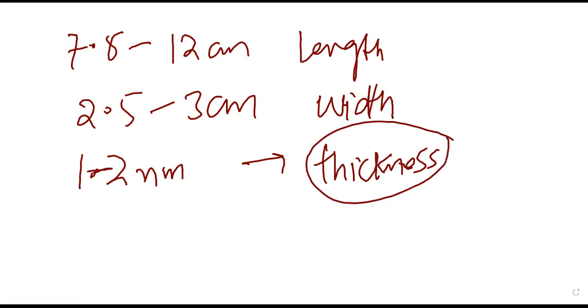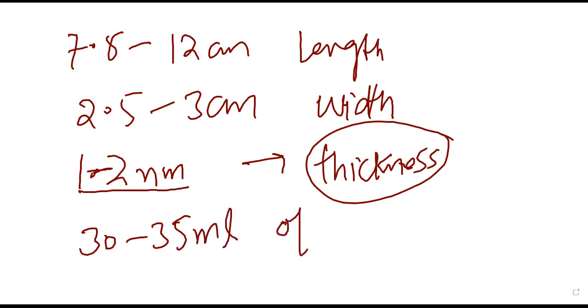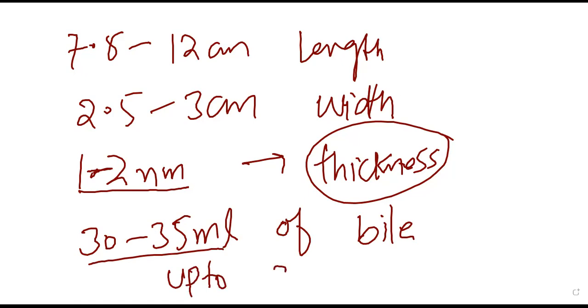The thickness of the wall of the gallbladder is about 1 to 2 millimeters, and the gallbladder contains about 30 to 35 milliliters of bile, but this value is not fixed because it can expand up to 50 milliliters. So these are some of the length, width, thickness and volume of the gallbladder.